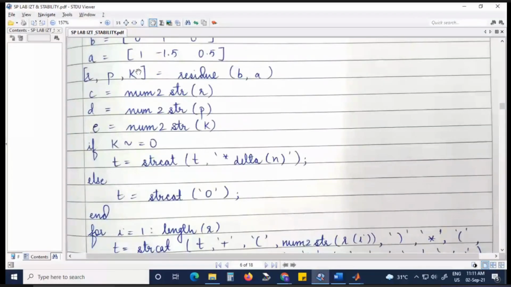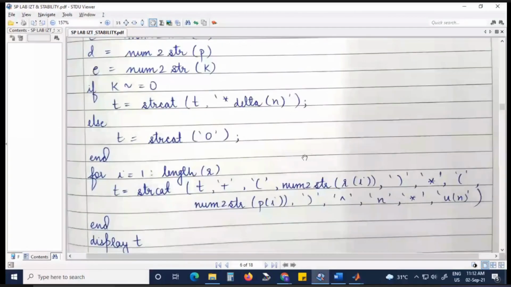If the order of the numerator is higher than the order of the denominator, some value will come, otherwise it will be 0. If k is not 0, a constant will be created and it should be multiplied with the delta function. That is done using strcat, string cat.